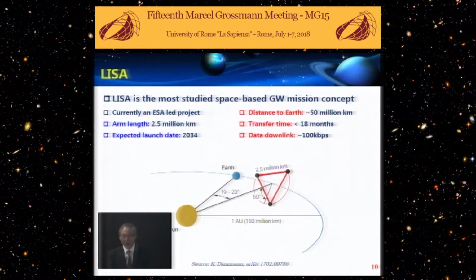The distance to the Earth is 50 million kilometers away because they're afraid of the effect of the Earth itself. That is sometimes a problem for us for the space-borne experiment. And also the transfer time is a little bit longer compared with other space missions because these are far away from Earth. We need to wait a long time. And the data downlink is not so big.